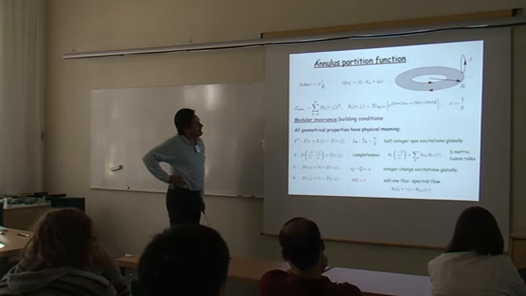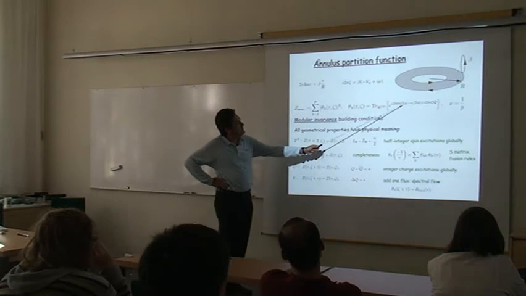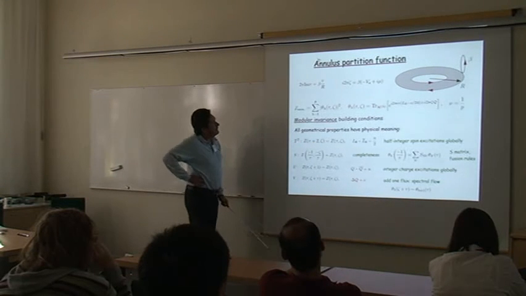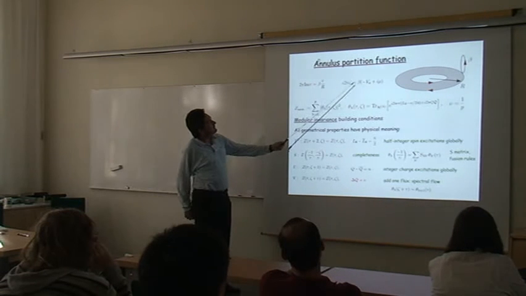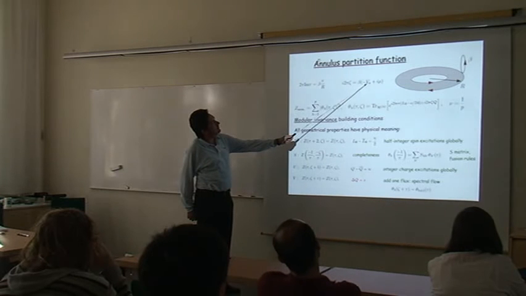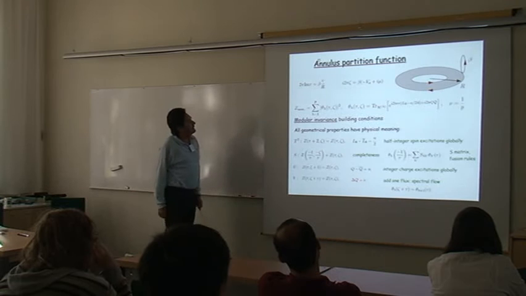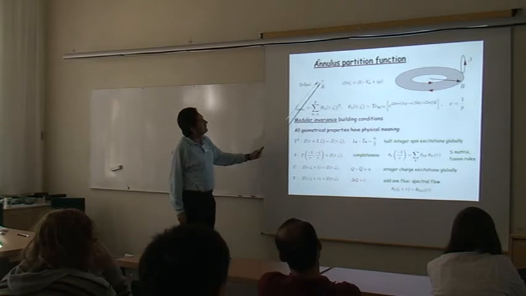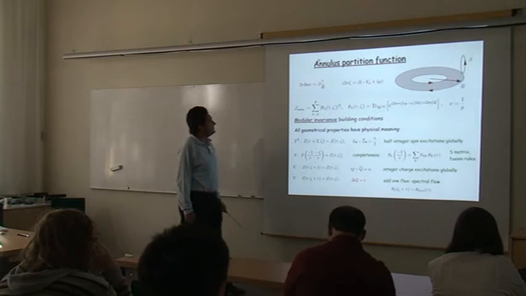Well, it's a grand canonical sum in which you have energy and charge. And in fact, these two parameters are complex. So you have charge coupled to the electric potential, then you have a chemical potential, and this is the energy which is proportional to 1 over r, as I said, times the conformal dimension.